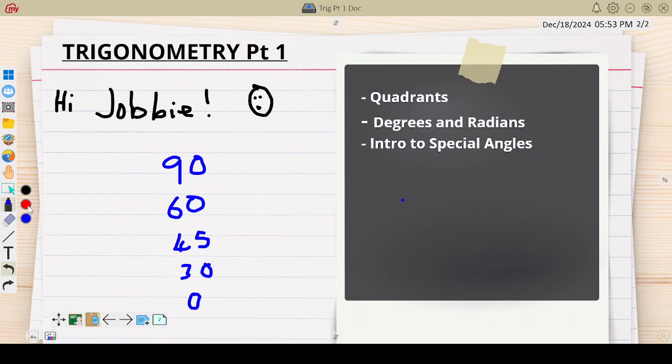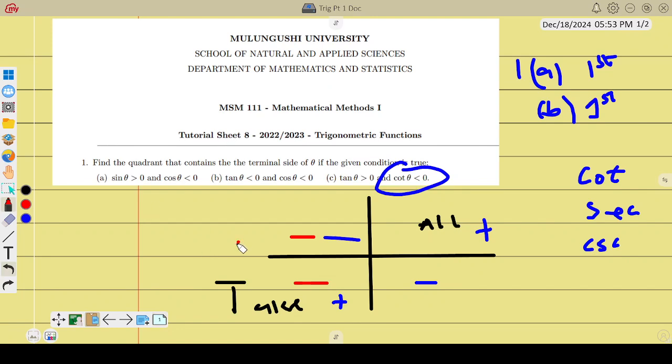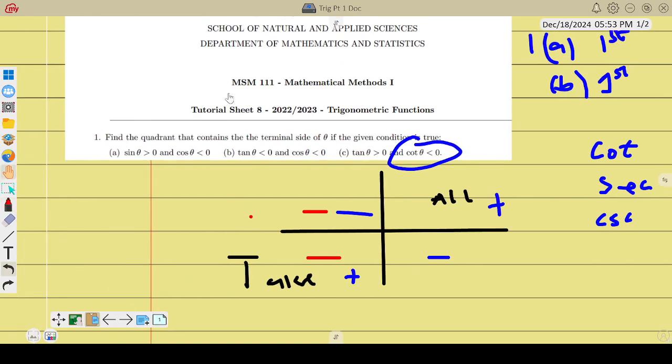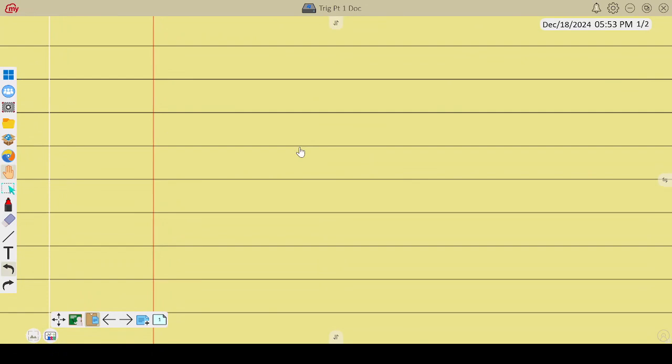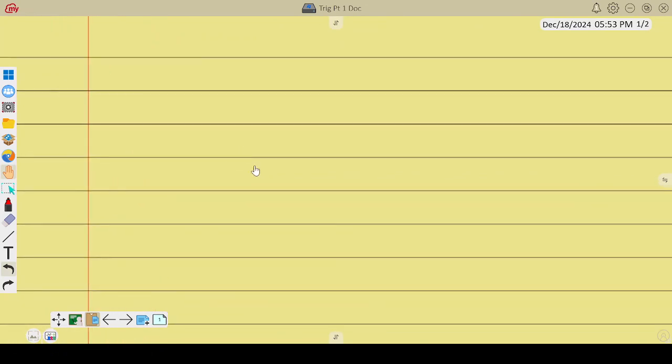So we are done with the quadrants. And now coming to degrees and radians. These degrees and radians are simply a measure.